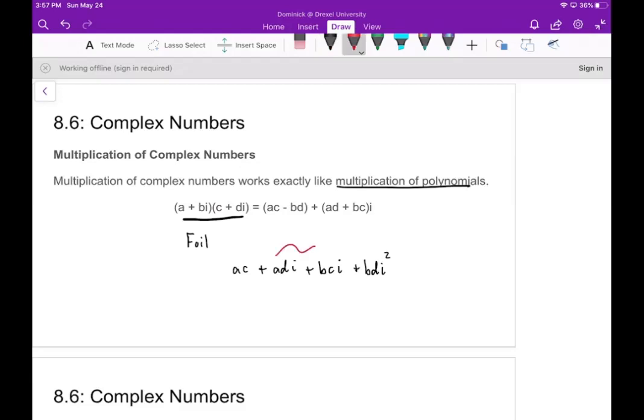Now these two i terms are just going to get combined together. But what's i squared? i squared is negative 1. So this is going to become minus BD. So then that's where you're seeing this AC minus BD pop out here.